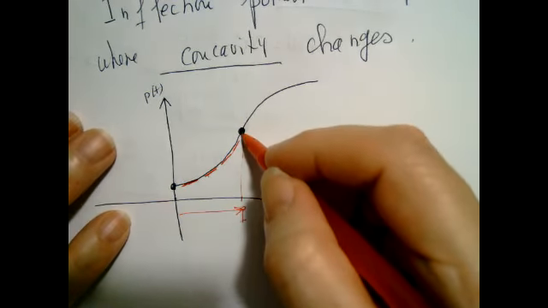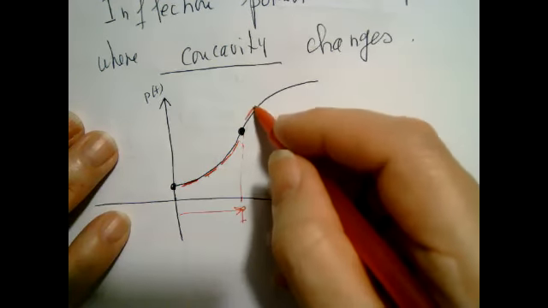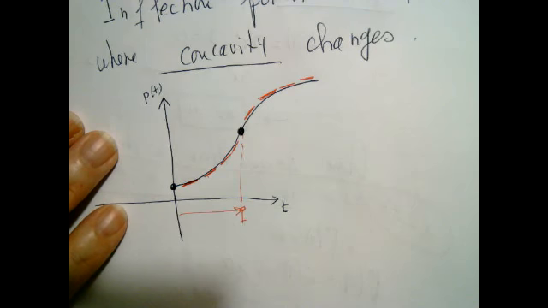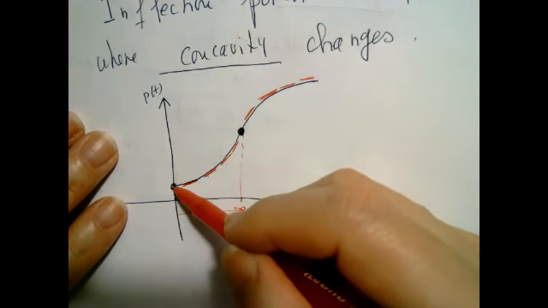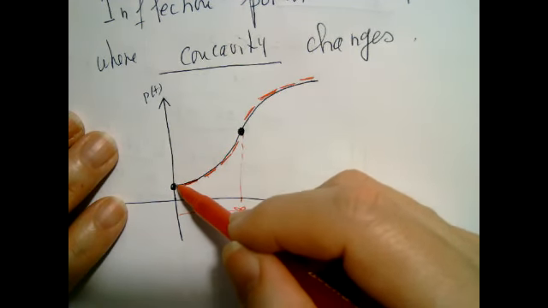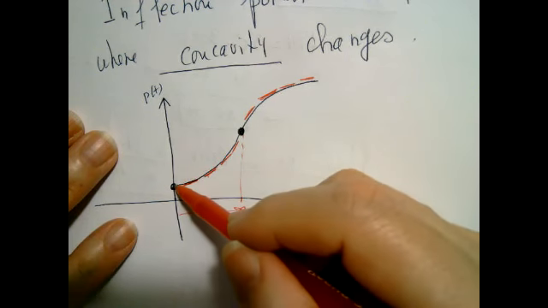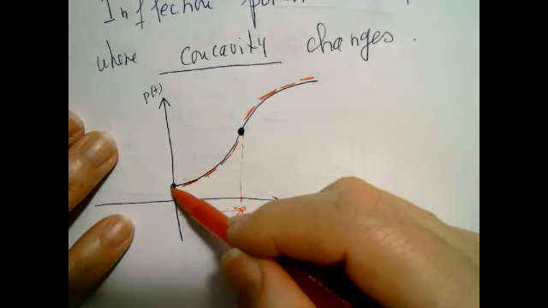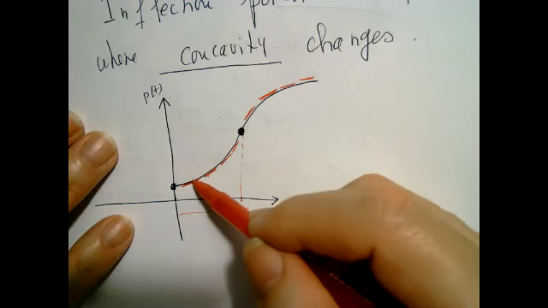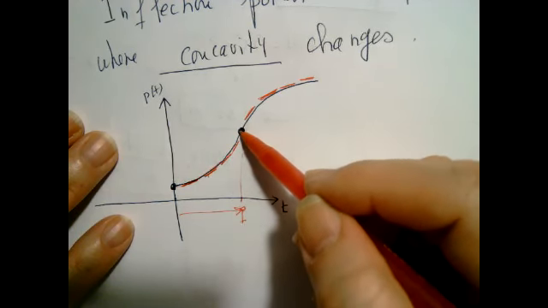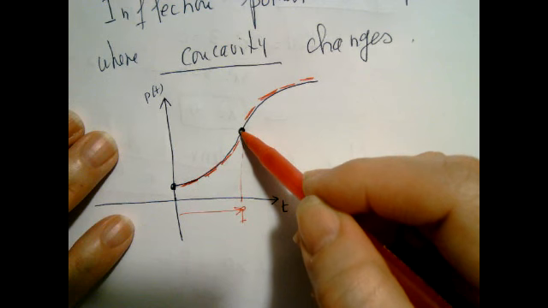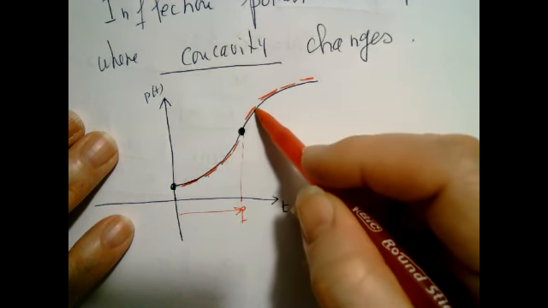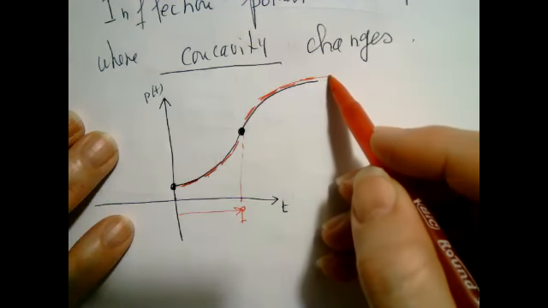And then at this point, it keeps increasing, but it starts increasing at a slower and slower rate. So inflection points are those points where something happened to the rate at which the function changes. The function keeps increasing, but the rate at which it is increasing is going down and down and down.